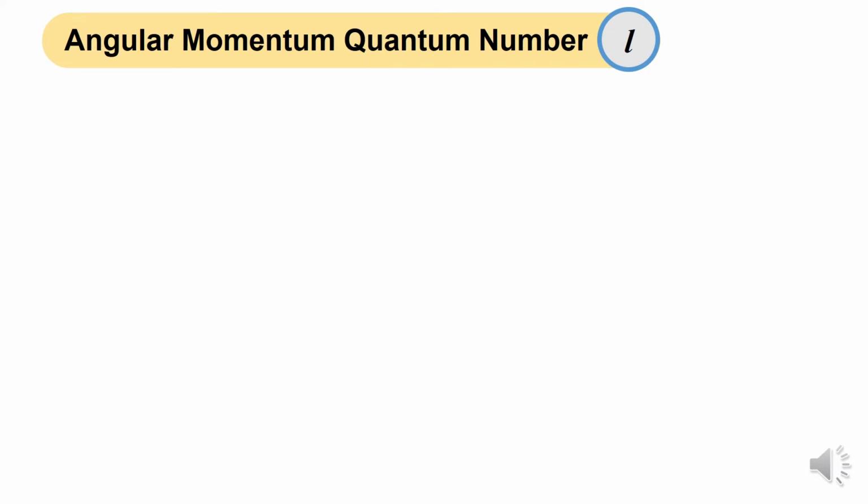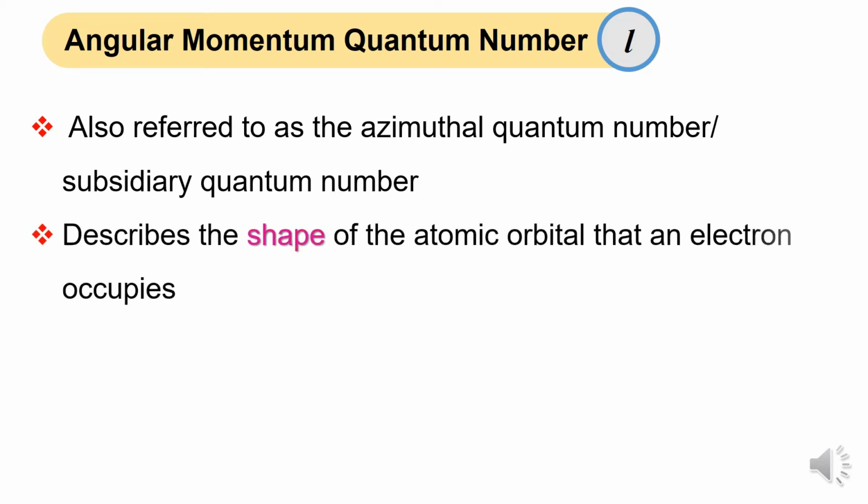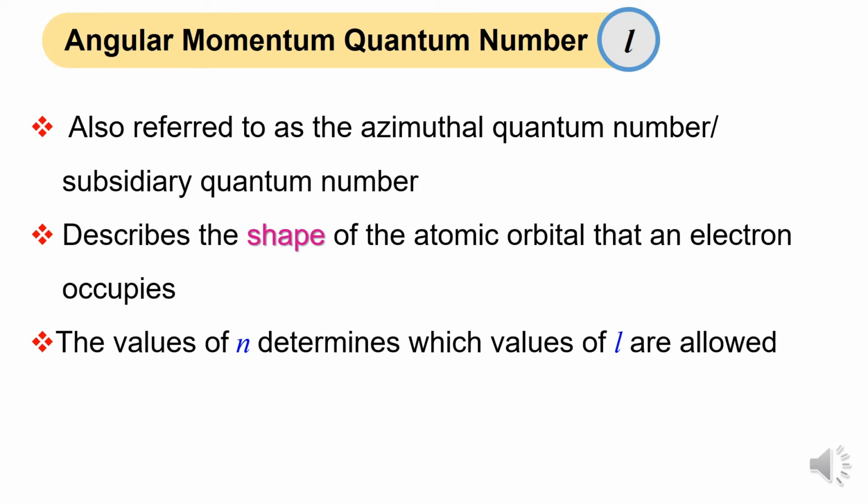Angular momentum quantum number L, also referred to as the azimuthal quantum number or subsidiary quantum number, describes the shape of the atomic orbital that an electron occupies. The value of n determines which values of L are allowed.